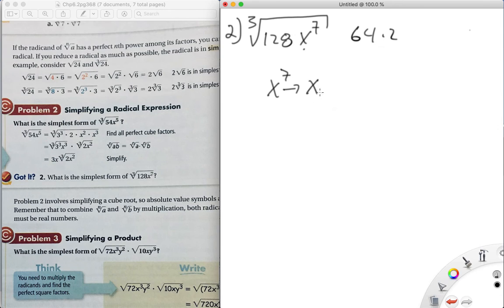The way that I can split it up is I can have x to the 6 times x to the 1, or x. And the reason why I'm doing that is because x to the 6 times x to the 1 is the same thing as x to the 6 plus 1 from our exponent rules, and that's x to the 7.